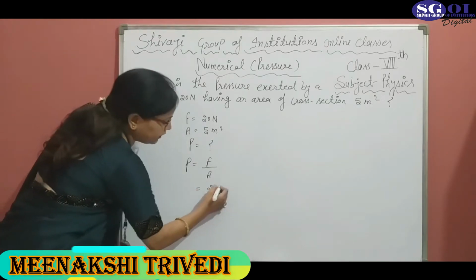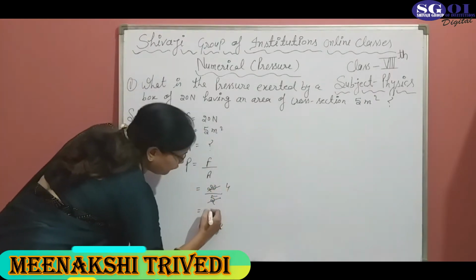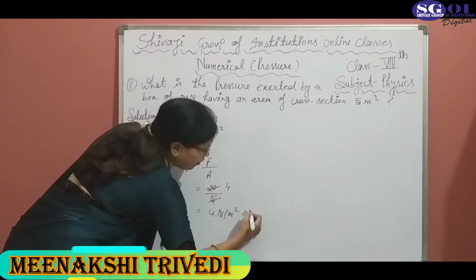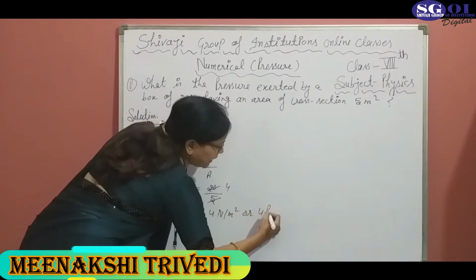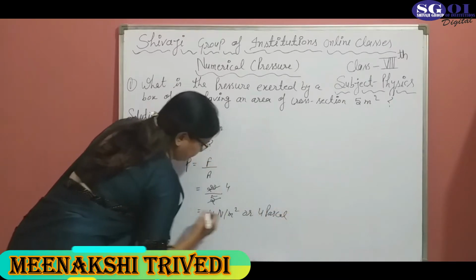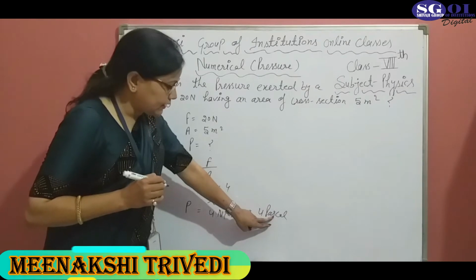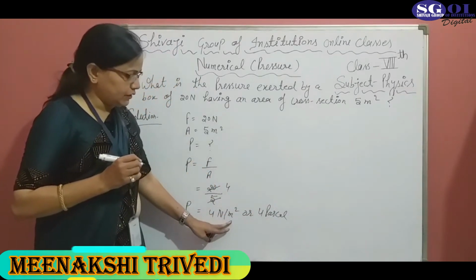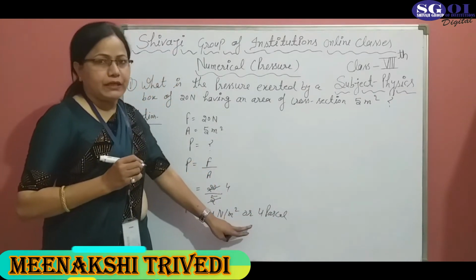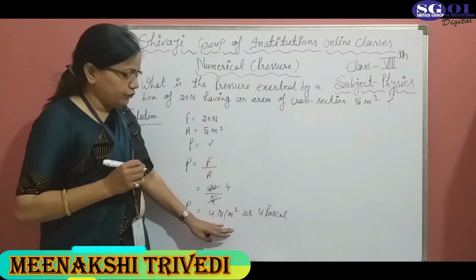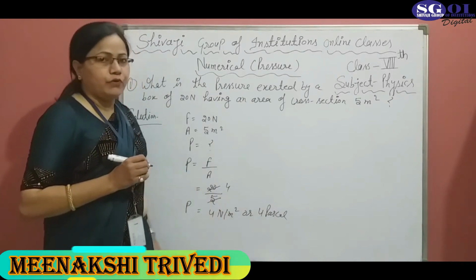After solving, we get 4 Newton per meter square or 4 Pascal. Student, as you know, Pascal or Newton per meter square is the unit of pressure. So the answer will be 4 Newton per meter square or 4 Pascal.